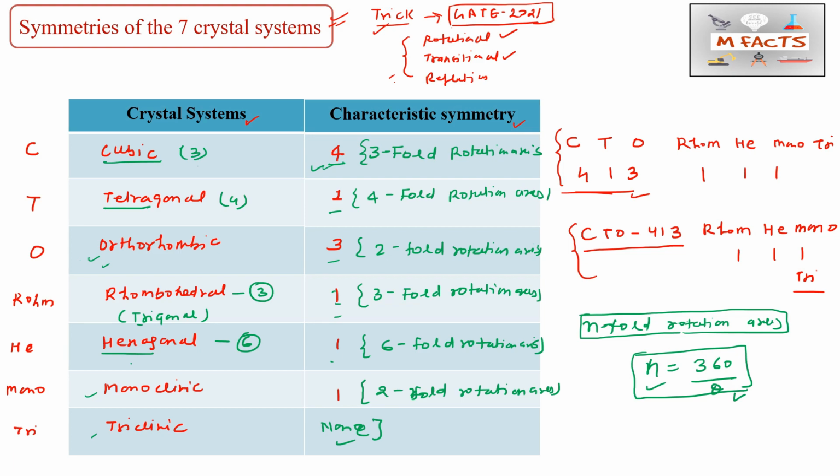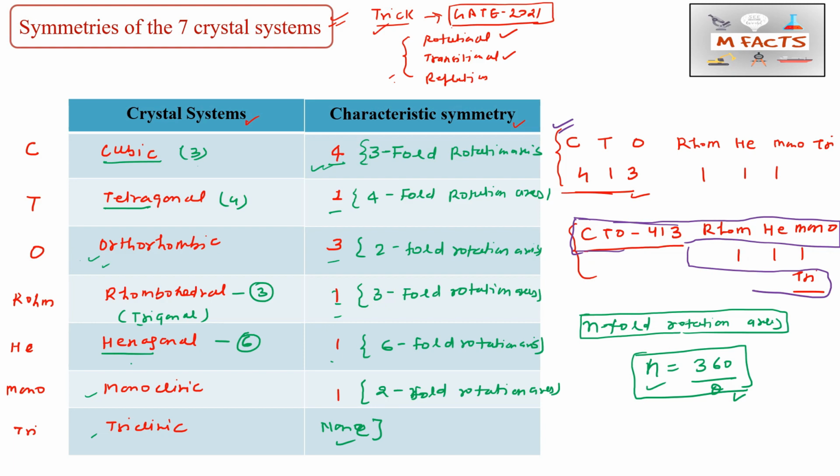CTO 413, रोम में है, मोनो 111, ट्राई. So this is the concept. If you find any mistake in this concept, please contact us on Instagram, and we will try to make you understand. I think this is an easy and simple concept that you may remember.